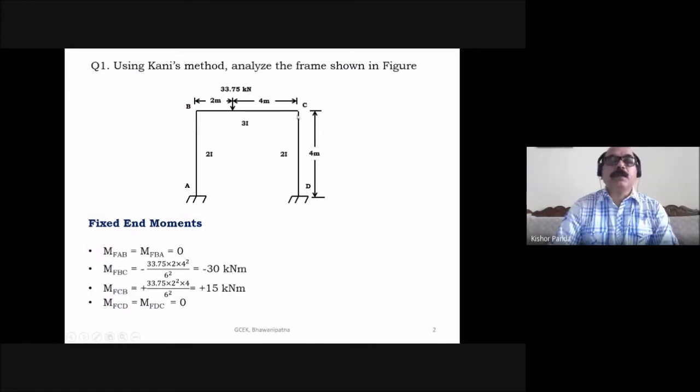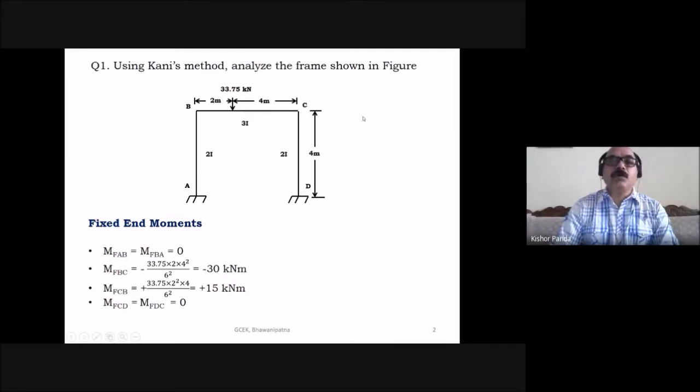Then take the member BC. So what is the fixed end moment MFBC and MFCB? Because here this is the eccentric loading, you know due to the eccentric loading how you will find out the moment at the end. So you know what is the formula? Minus W a b square by L square.